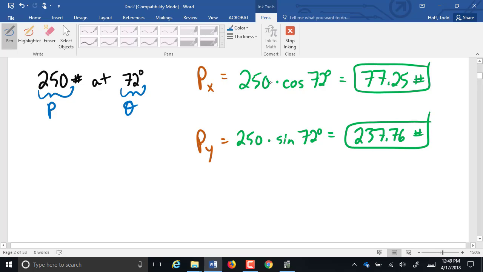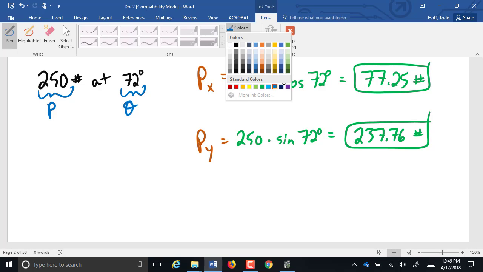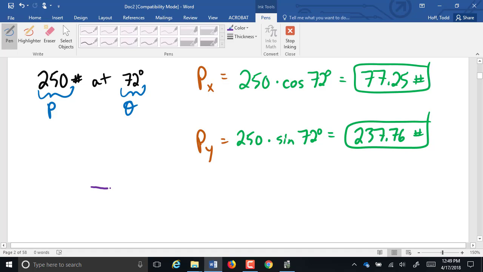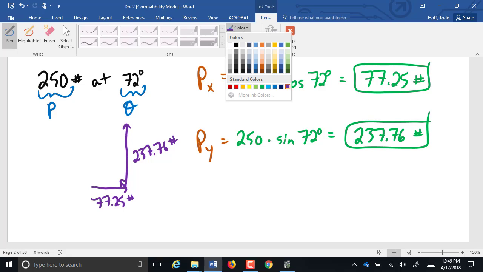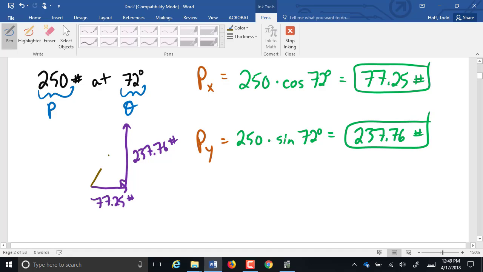So we have our horizontal and vertical components. If I were to try to draw out this triangle, this would be 77.25 pounds. This would be 237.76 pounds. And of course, this would be 250 pounds.